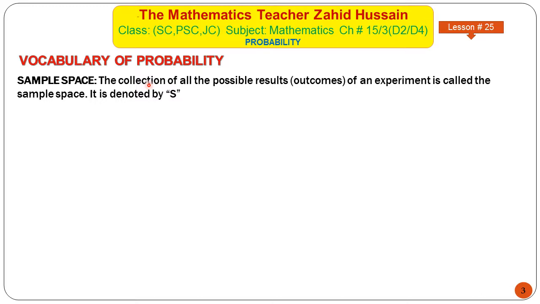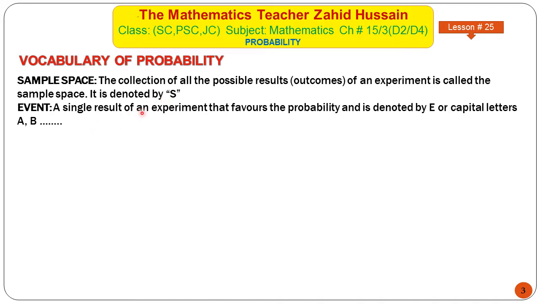When we studied sets, we defined a set as a collection of well-defined distinct objects, and a letter or number which repeats is written once in the set, but in sample space you have to write all the results or outcomes.